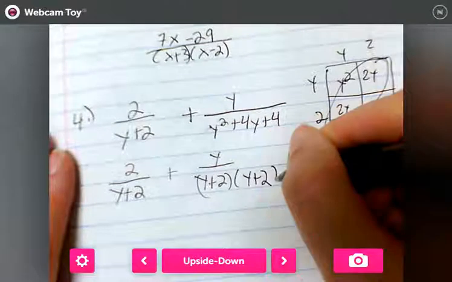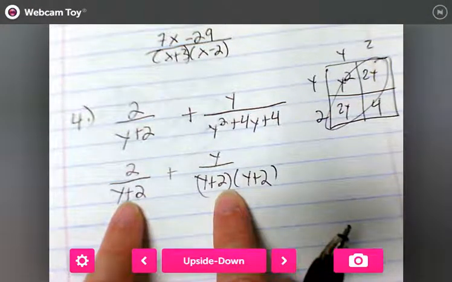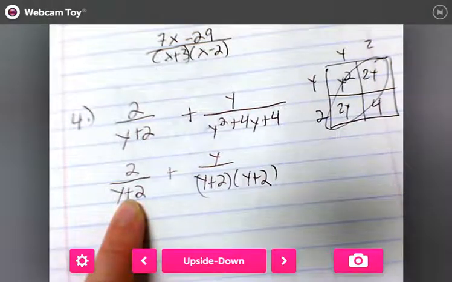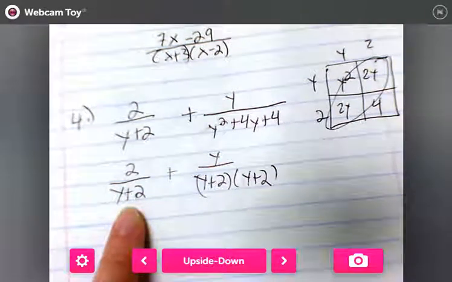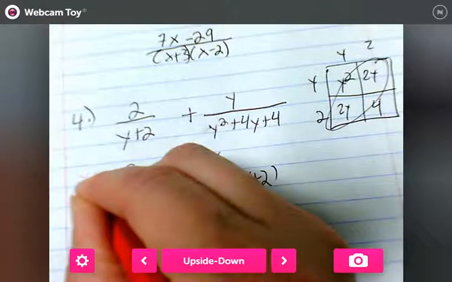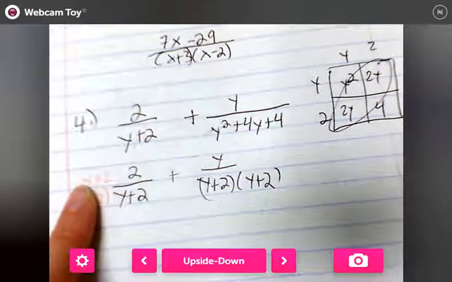So do these guys have something in common? Right. This only has one y plus 2, but this has 2. So that means, what am I going to have to multiply? We're going to have to take this and multiply it by y plus 2, right? For the top and bottom. You can't cancel out because we're not multiplying or dividing.